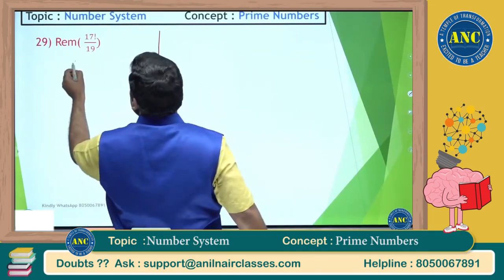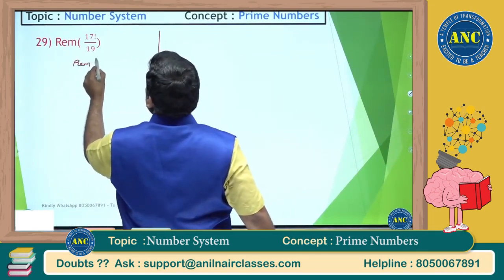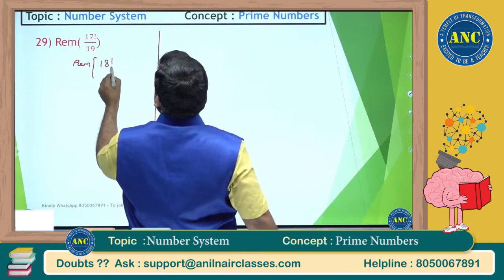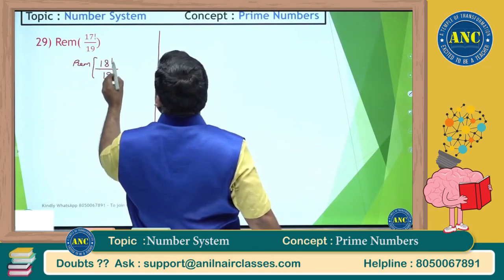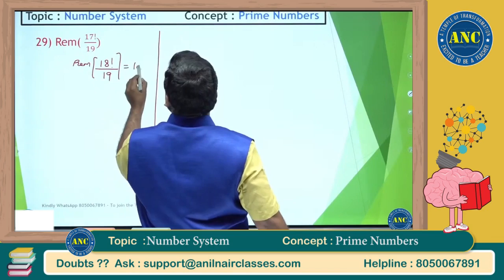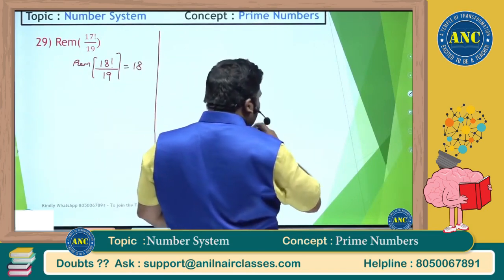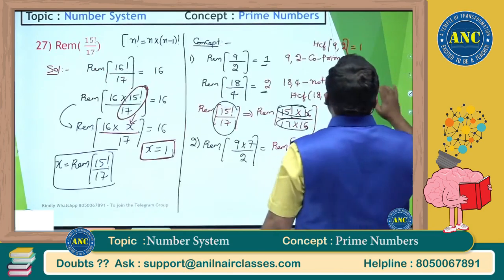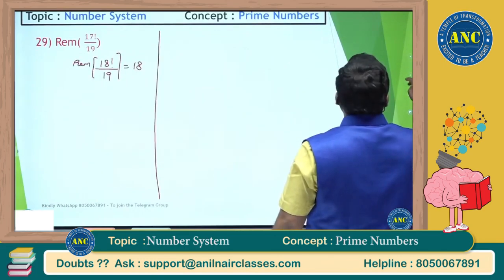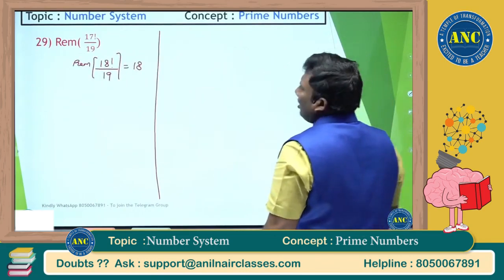Now see here. Remainder: 18 factorial, P minus 1 factorial by P, it is P minus 1. 18 factorial by 19 is 18. Now see here, same thing.